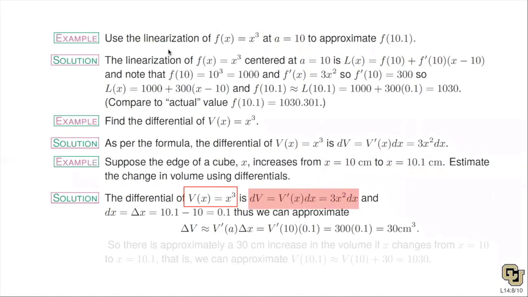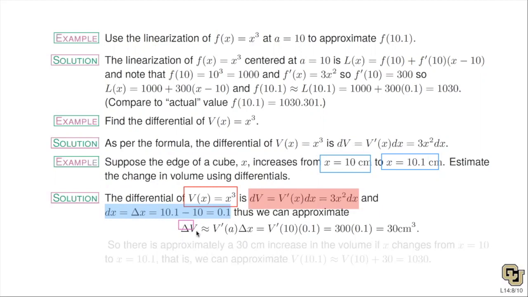And so now for the dx, dx is just the same as delta x. So here I'm going to take the new value of x and subtract the old value. So here you can see dx, which equals delta x, is 10.1 minus 10, which will equal 0.1. So now we're ready to do our approximation.